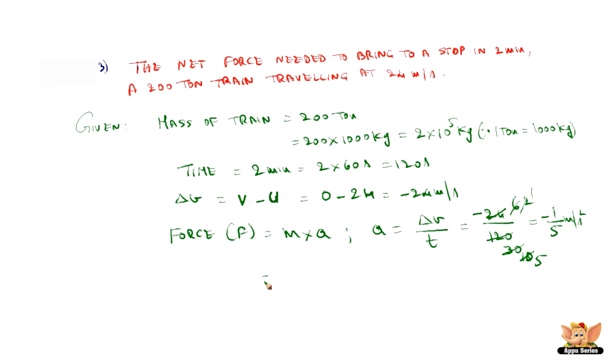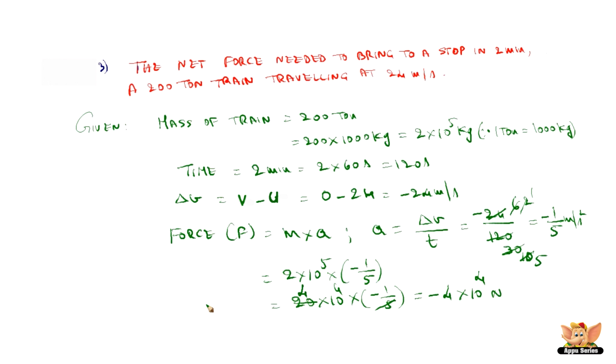So applying the mass value and acceleration value, we get 2 into 10 to the power 5 into minus 1 by 5, is equal to 20 into 10 to the power 4 into minus 1 by 5, which is minus 4 into 10 to the power 4 newtons.